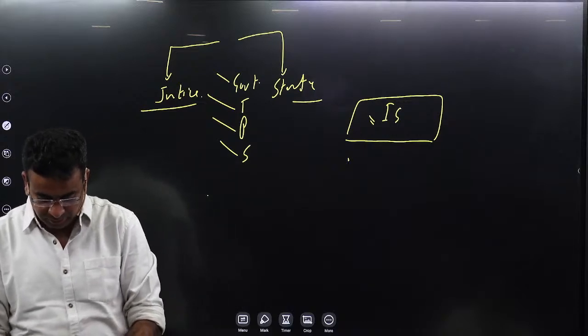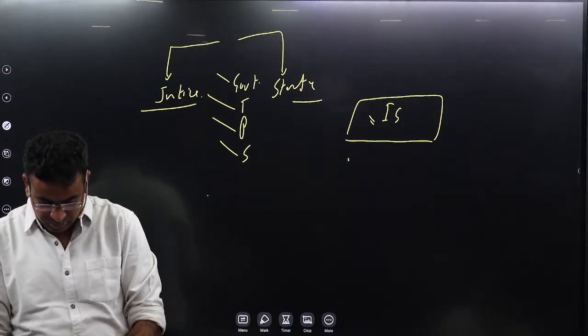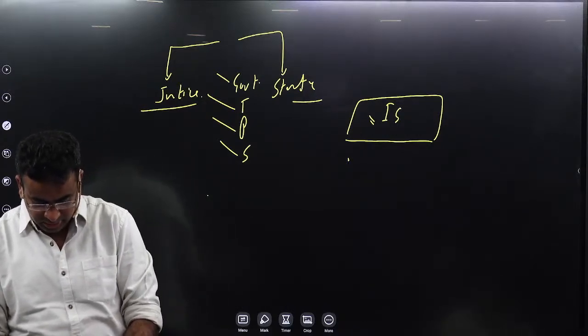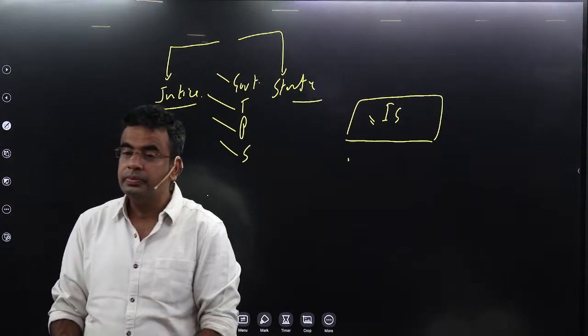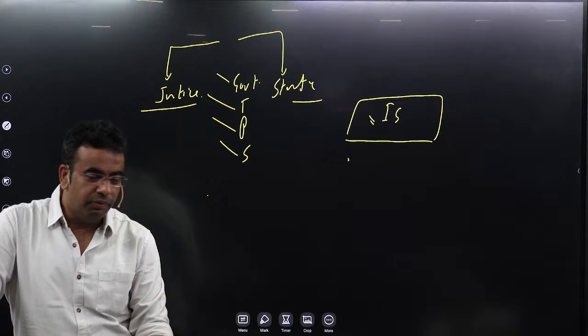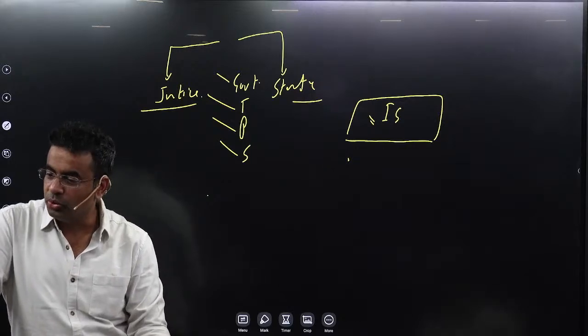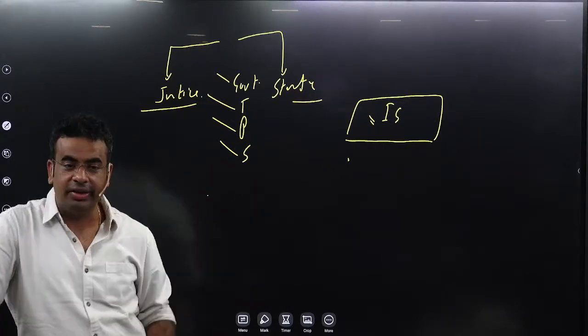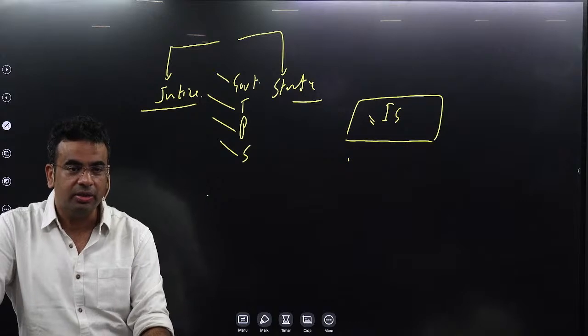What is the capital of South Sudan? Any idea? Okay, that's your homework. South Sudan's capital. So 193 states. So IS became the 194th state.